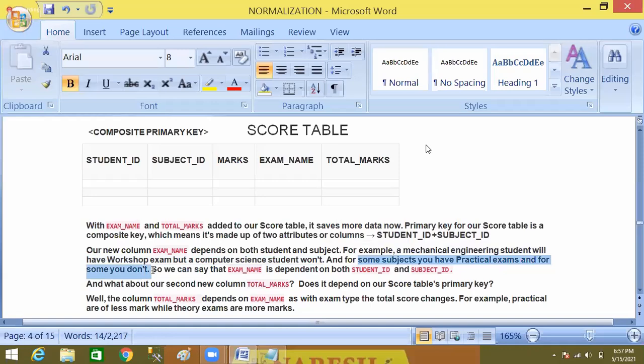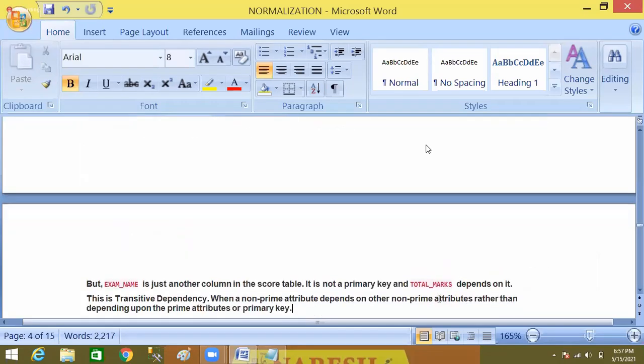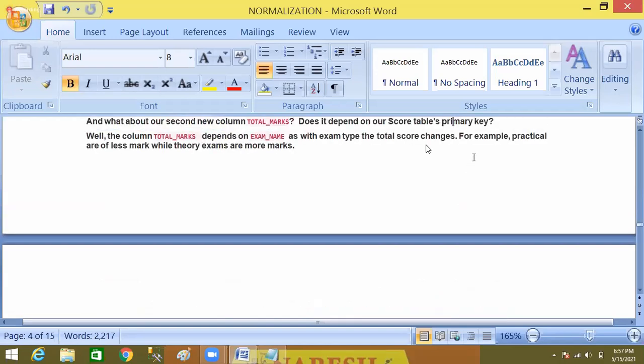So examination name depends on both student ID and subject ID. But what about the total marks column? Total marks depends on examination name only, because as the exam type changes, the total score changes. For example, practical exams carry fewer marks, while theory exams carry more marks.